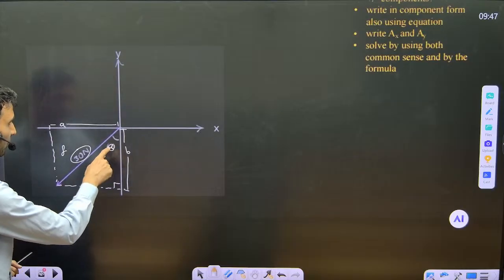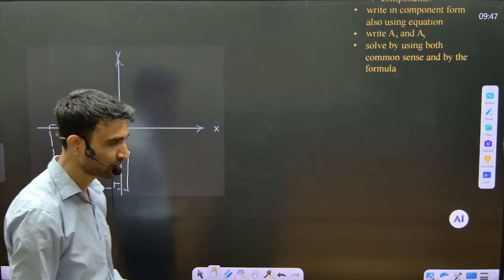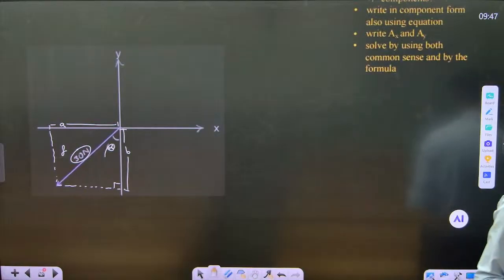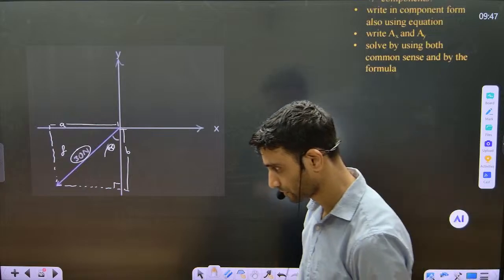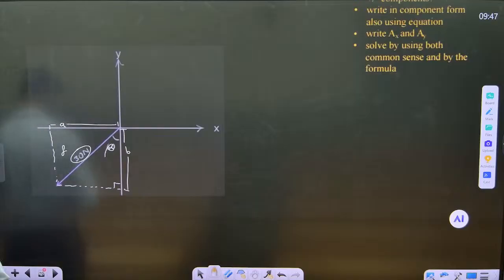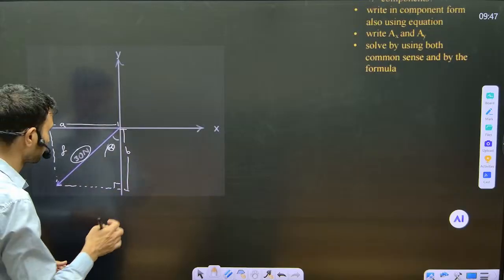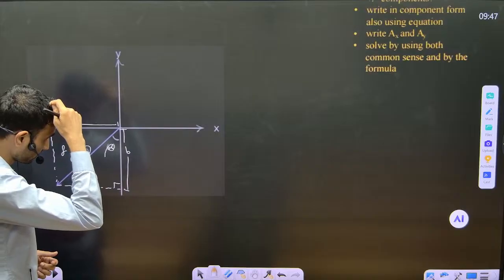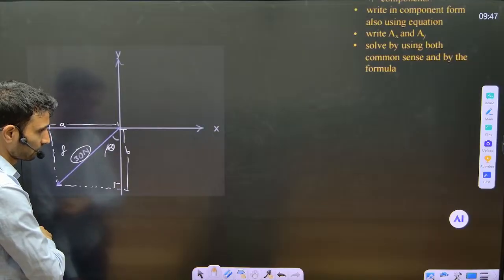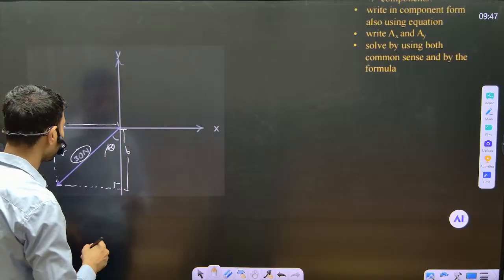So for B, what we have to write? Cos theta or sin B? Cos or sin? Which function should we write for B? It will be cos beta, right?